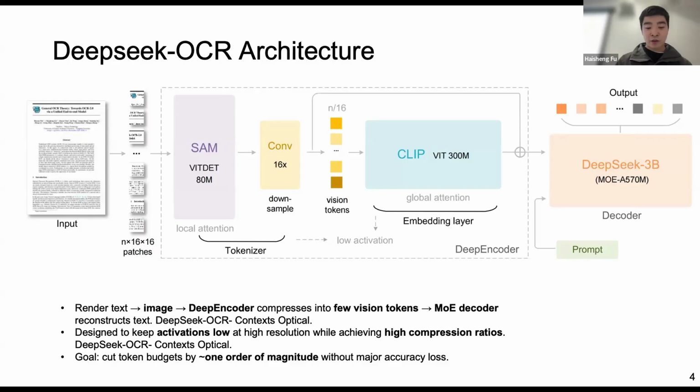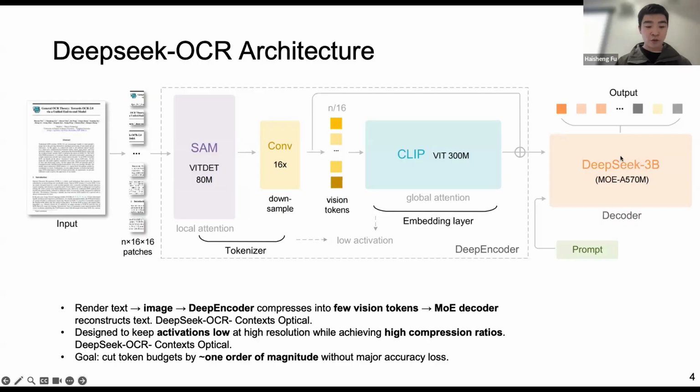We first look at the encoder. It's called the deep encoder. It turns each document page into a compact sequence of image tokens. Then the decoder reads these tokens, plus some prompts from the users, and uses the MoE to generate the final outputs.